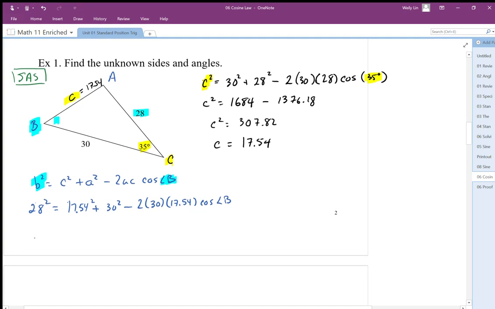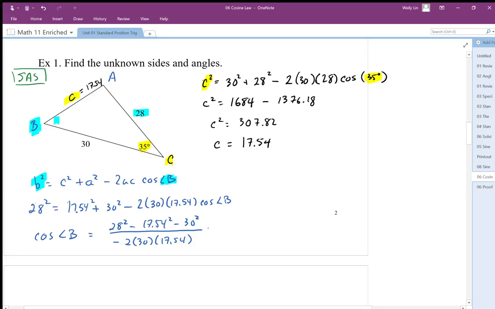First I'm going to solve for cosine of angle B. I get 28 squared minus 17.54 squared minus 30 squared, all divided by negative 2 times 30 times 17.54.